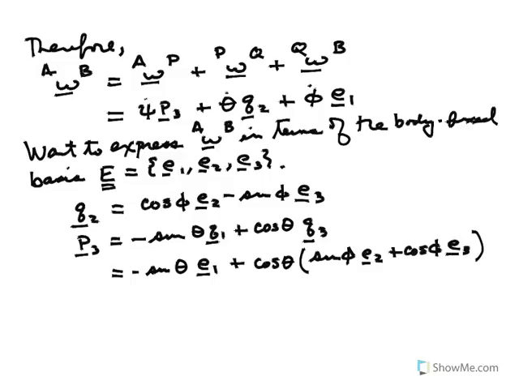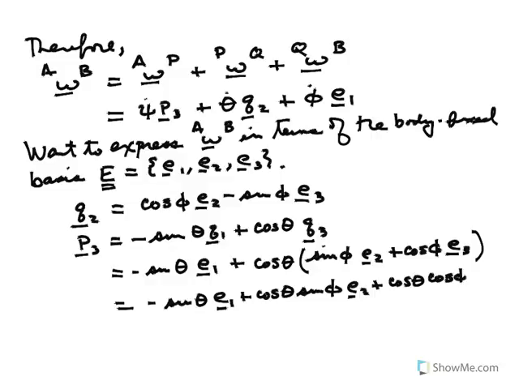And now when we do all that, we wind up with this being written as minus the sine of theta E1, plus cosine of theta sine of phi E2, and then plus cosine theta cosine phi times E3. So now we can take Q2 and P3 and substitute them in to get omega BA.